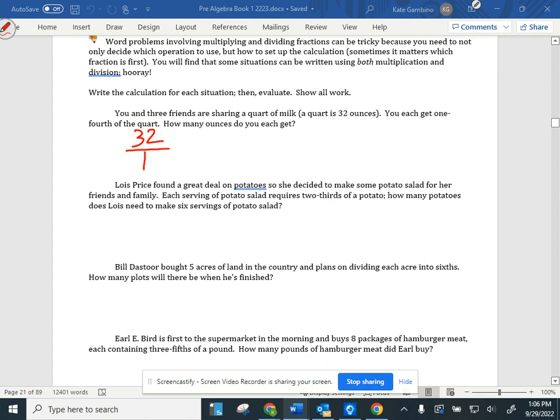Help them out. You're right. We need to put 32 as a fraction. Help them out, Tatum. So if we're dividing by 1/4, we're multiplying by 4. So let's work this through. That would be 32 over 1 times 4 over 1. So that would be 128 ounces. But we're only starting with 32 ounces.